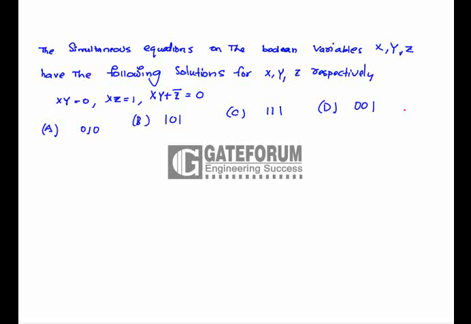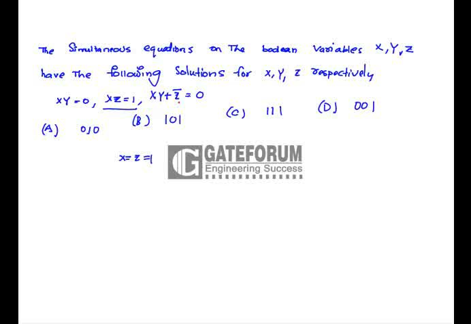Equations of the Boolean variables x, y, z have the following solutions for x, y, z respectively. Here xy should be 0. It is possible if x or y is not 1, means x can take either 0 or 1, or y can take x as 0, but both cannot take 1 simultaneously. And xz must be 1, then only this equation is satisfied.